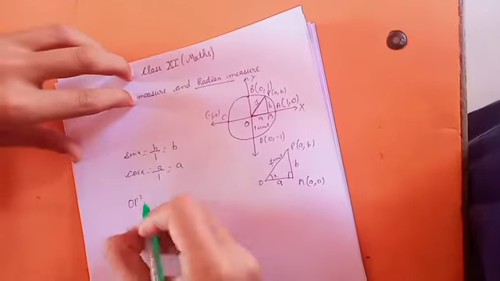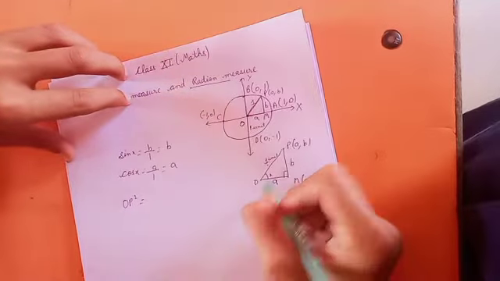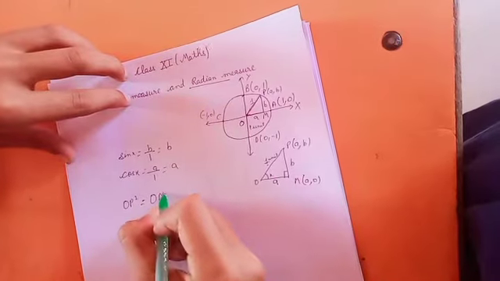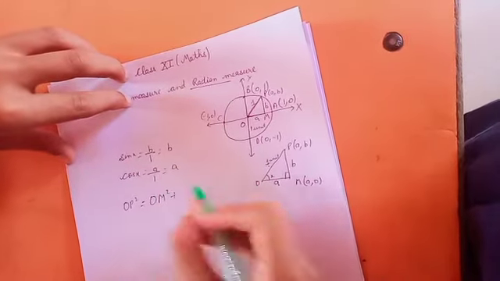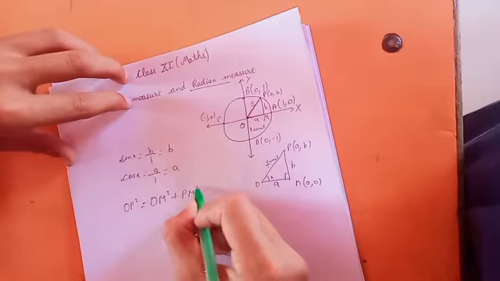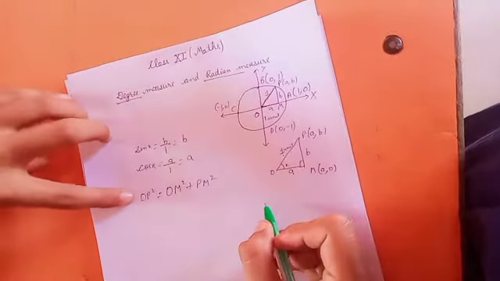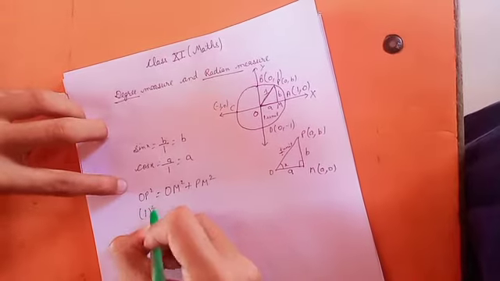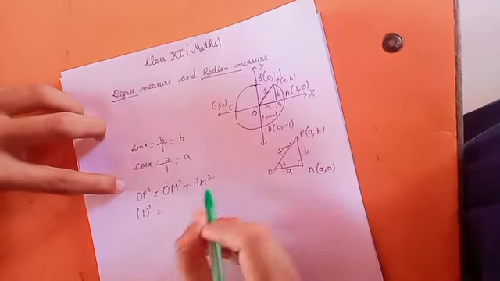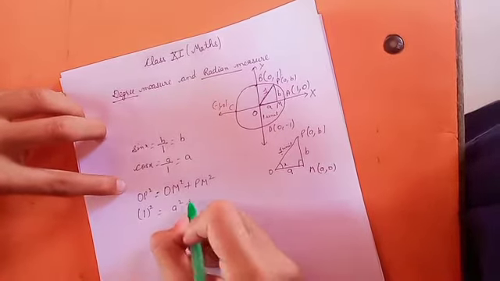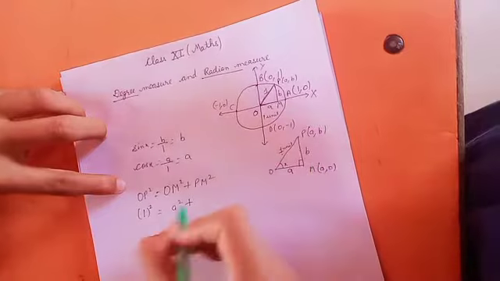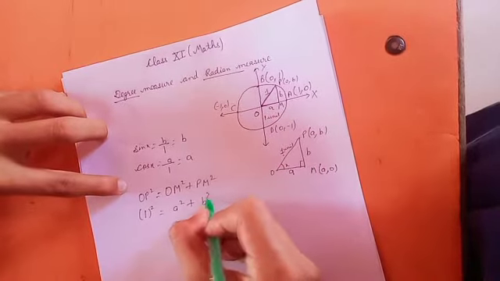Now in this right angle triangle OMP, OP square will be equal to OM square plus PM square. What is OP? OP is 1 unit, so 1 square is equal to, what is OM? OM is a, so a square plus, what is PM? PM is b, so b square.